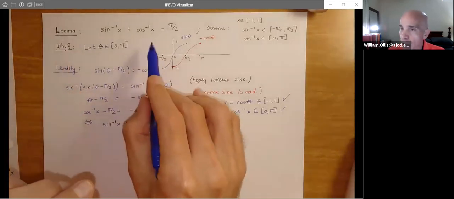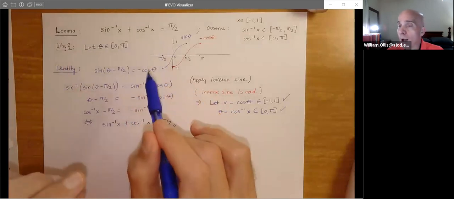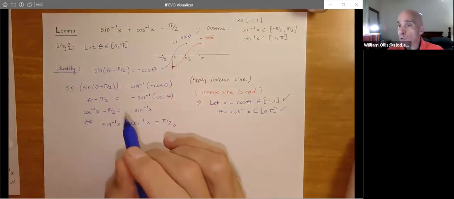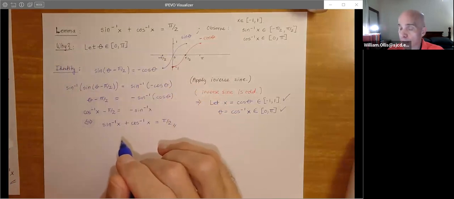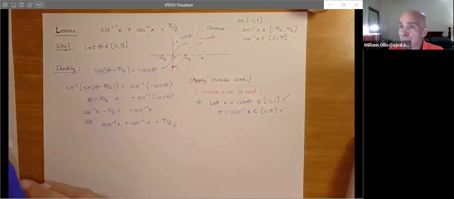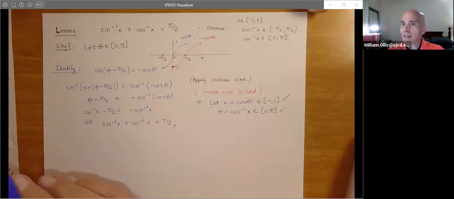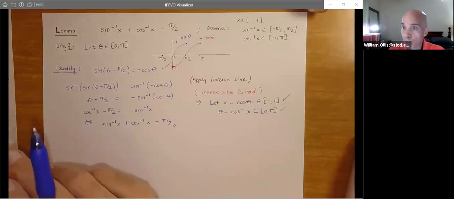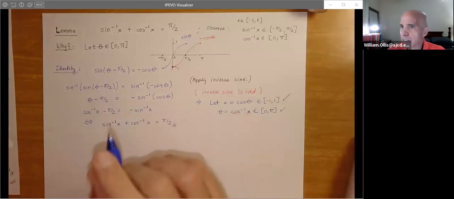And then when you get to calculus 2, you're going to use this equation to figure out why the derivative of the inverse sine is the negative of the derivative of the inverse cosine. This will be very useful in calculus 2. And that's why you'll spend more time on inverse sine and not so much on inverse cosine, because the derivatives differ by a negative sign, and that's not a big deal.